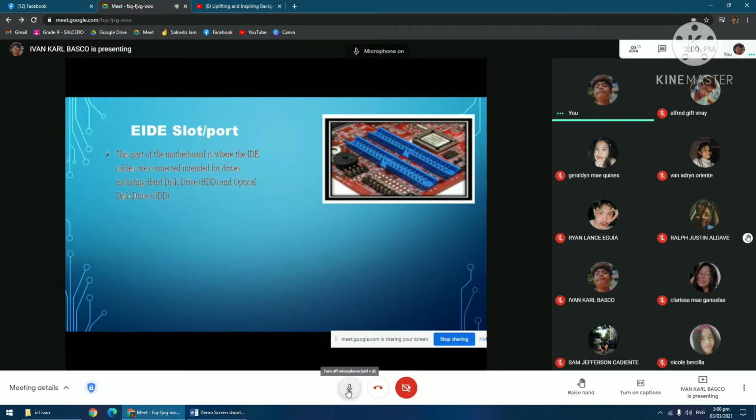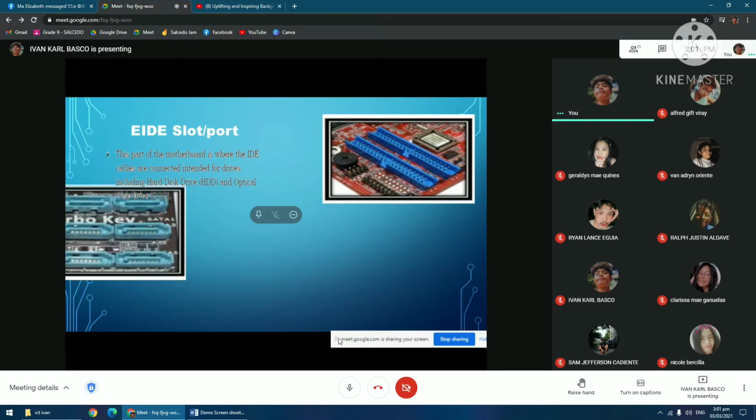Very good answer. Exactly. So basically, this is where the IDE cable is connected, intended for drives including hard disk drive.